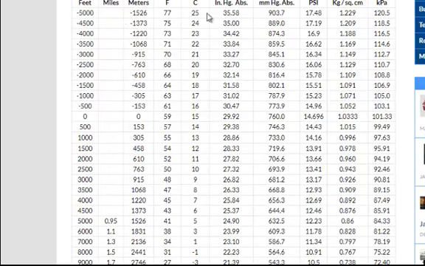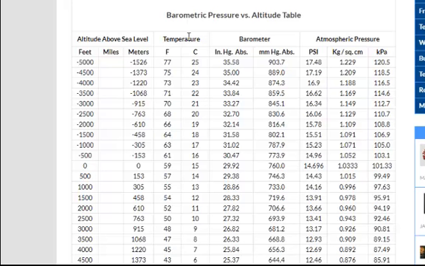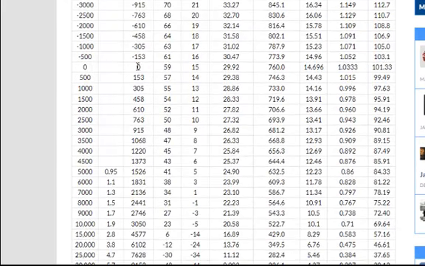It says temperature right here, and then here it says the altitude, and then here it says atmospheric pressure, and I'm really only going to use 2 columns here, the altitude in meters and the atmospheric pressure over here. So for example, at 0 meters altitude right here, there is 101 kilopascals of pressure. At 1,000 meters up, there is 89 kilopascals of pressure.